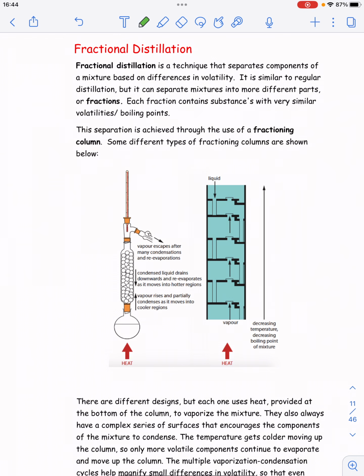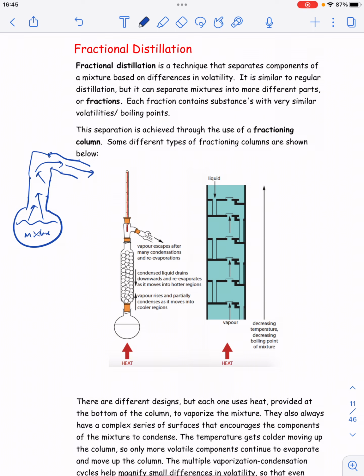We've talked about distillation before, simple distillation, where you heat a mixture and the component with the lowest boiling point is going to vaporize first. You can connect it so it has an elbow, and so as it vaporizes, the gases end up in this tube.